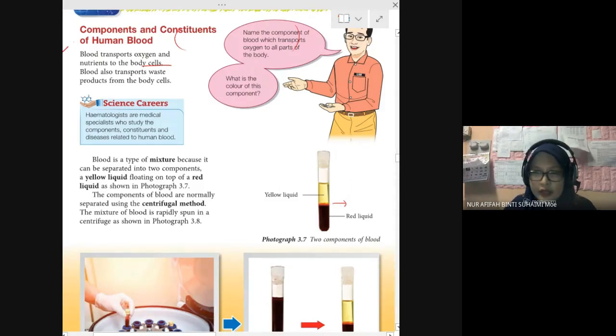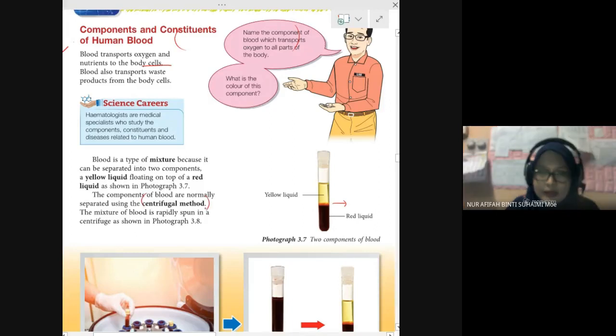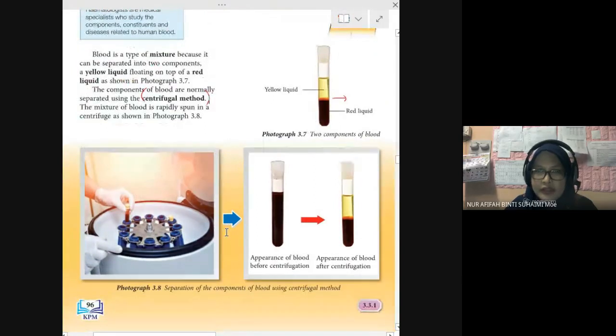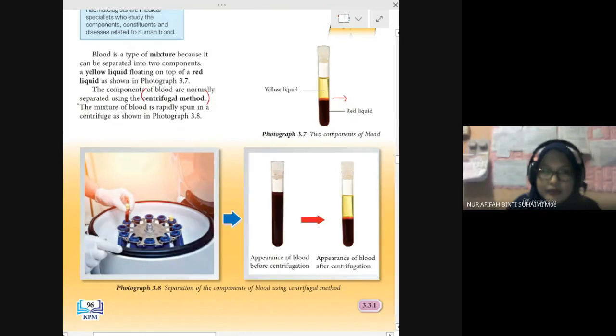Okay, how to separate our blood? If you do blood donation, we can get the whole red in color of your blood, but we can separate those blood into their components by using the centrifugal method. What is the centrifugal method? The mixture of blood is rapidly spun in a centrifuge, as shown in photograph 3.8.